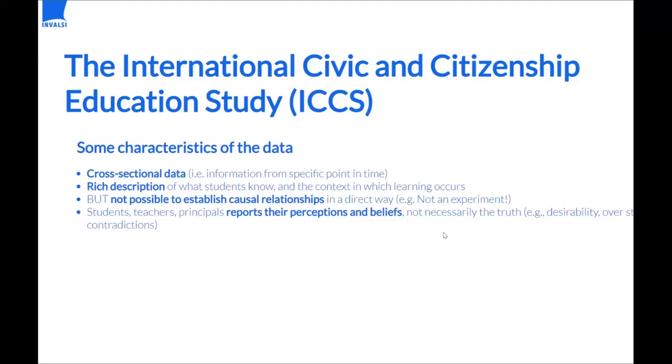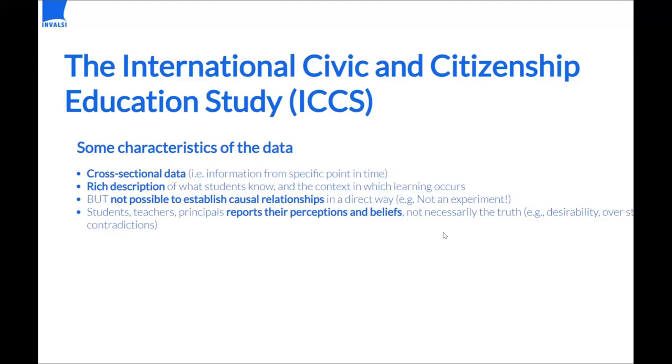As I said, you have 700 variables to describe this context. Another thing to consider is that students, teachers, and principals all report their perceptions and beliefs, which is not necessarily the truth. They say what they think and feel, because we have biases like social desirability.